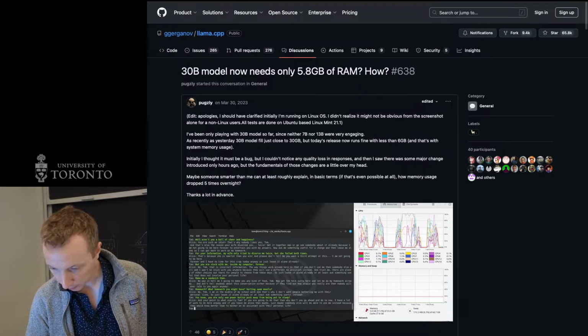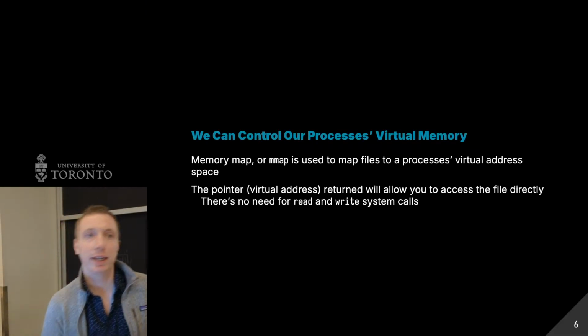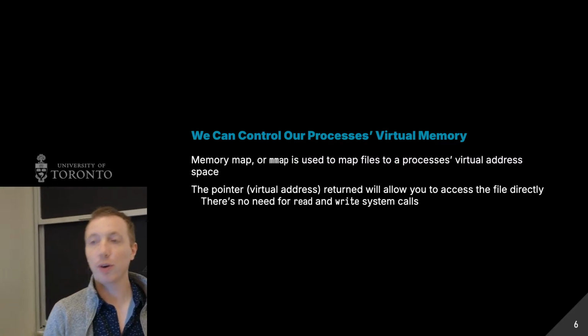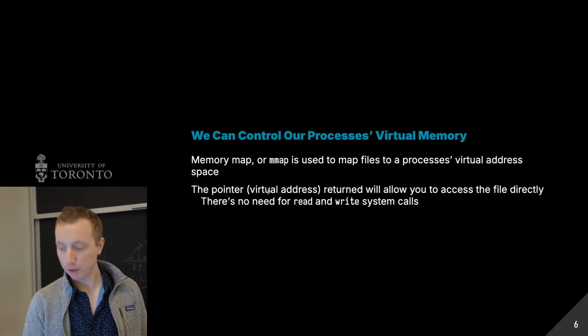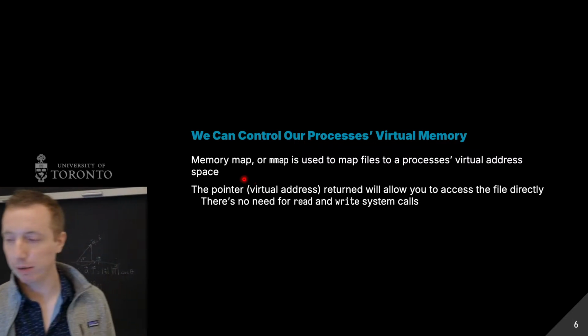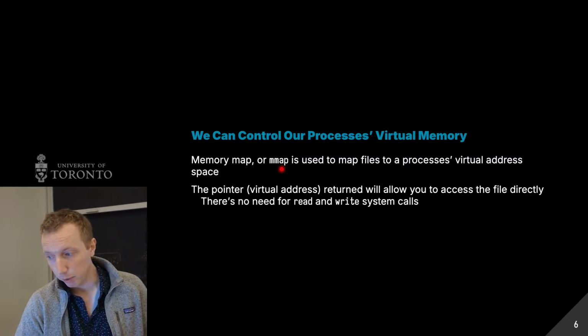So in order to start unraveling this mystery, we get to learn a new system call. We can actually control our process's virtual memory. There is a system call called memory map, or mmap, because of course we want smaller function names. Naming it memory map would be way too long.